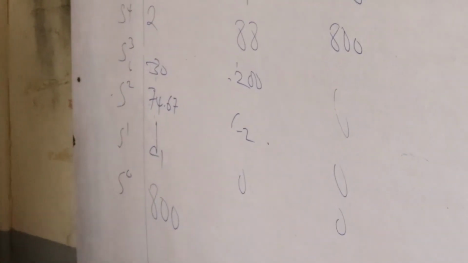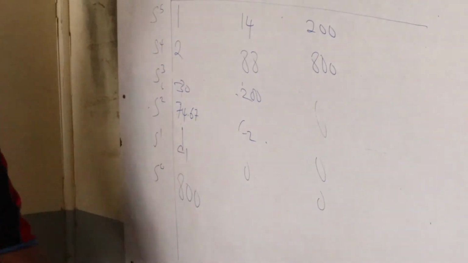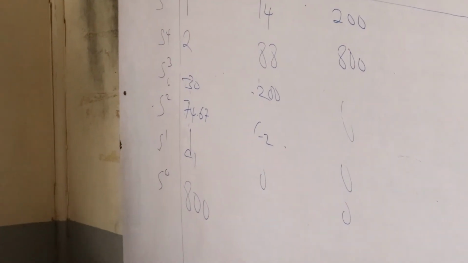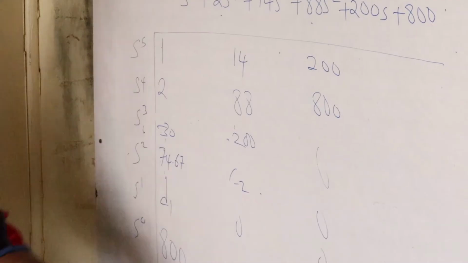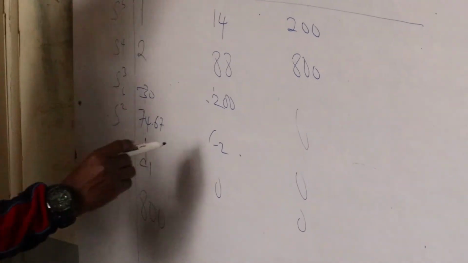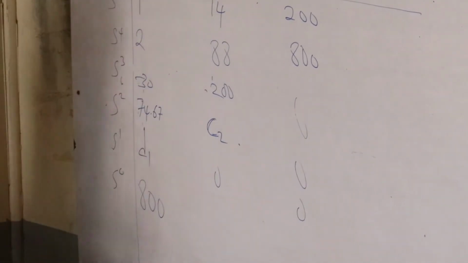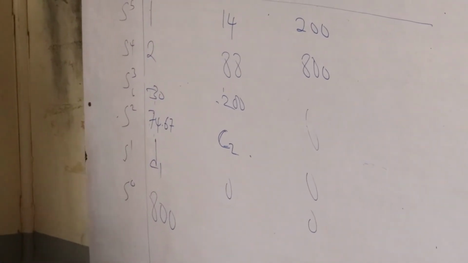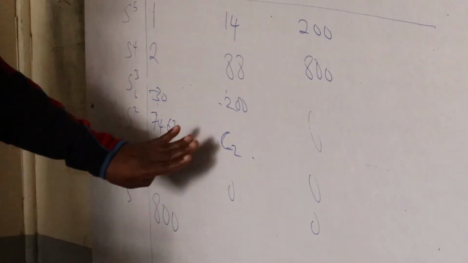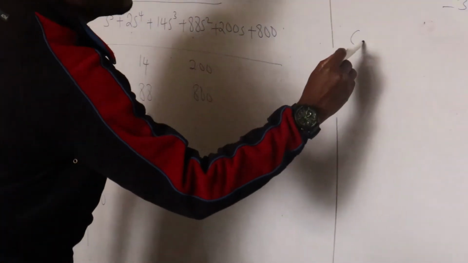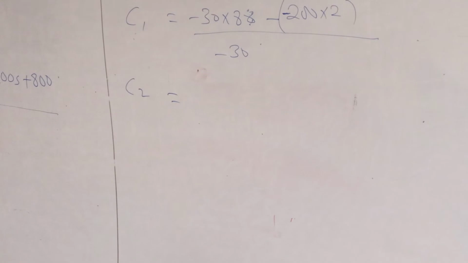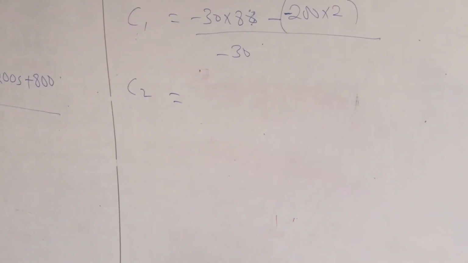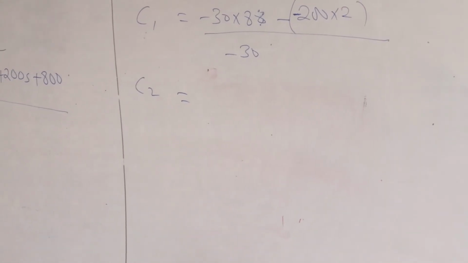What of C2? C2 cannot be 0. It should be 800. I know it is 800.